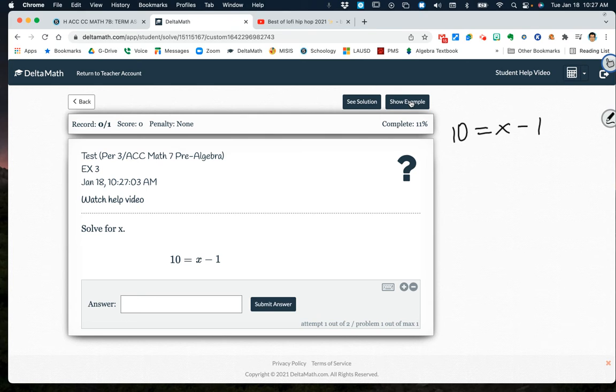I want to get x by itself. Plus. You can also think of it as a positive. And we're going to add 1, because that makes us 0. Okay? So 10 and 1 makes 11. If I want to, I can write this as x equals 11. So here our answer is 11.